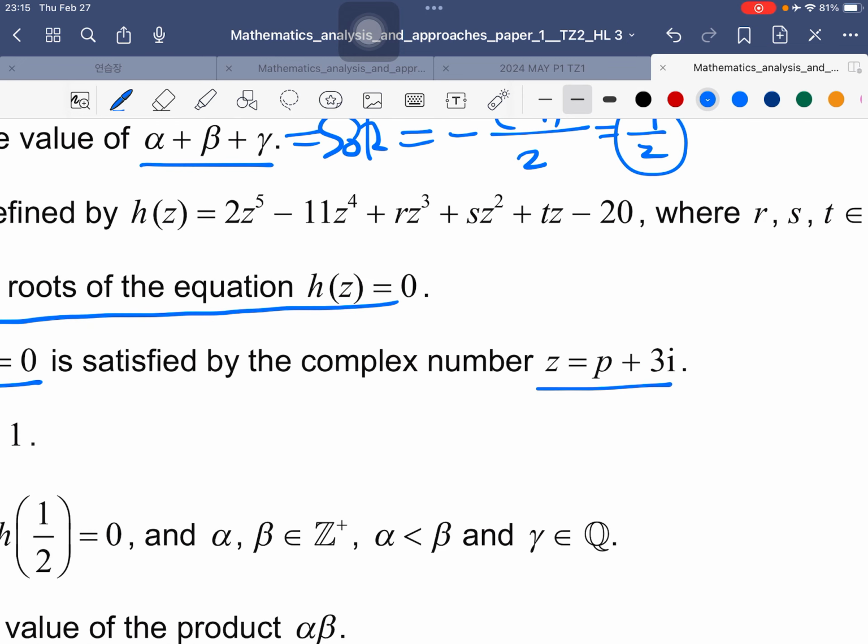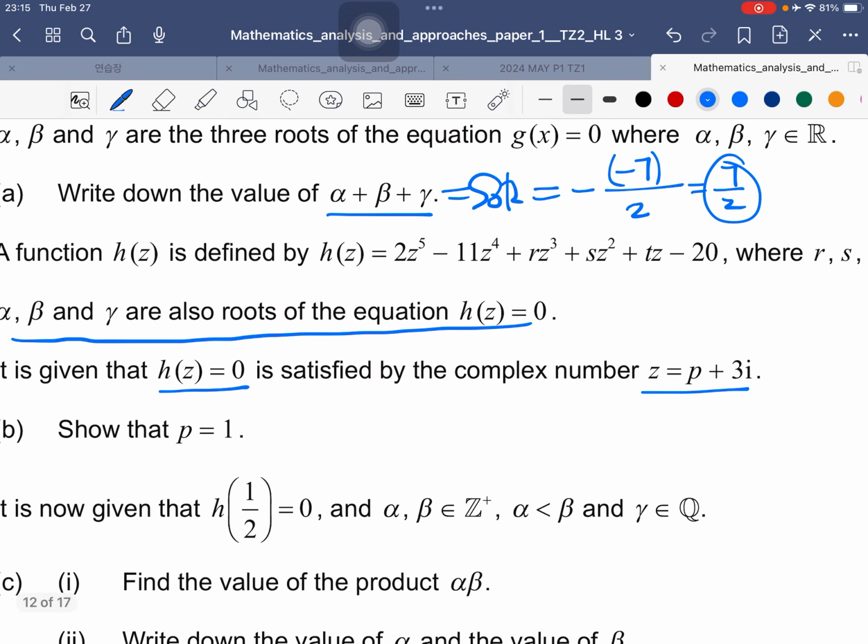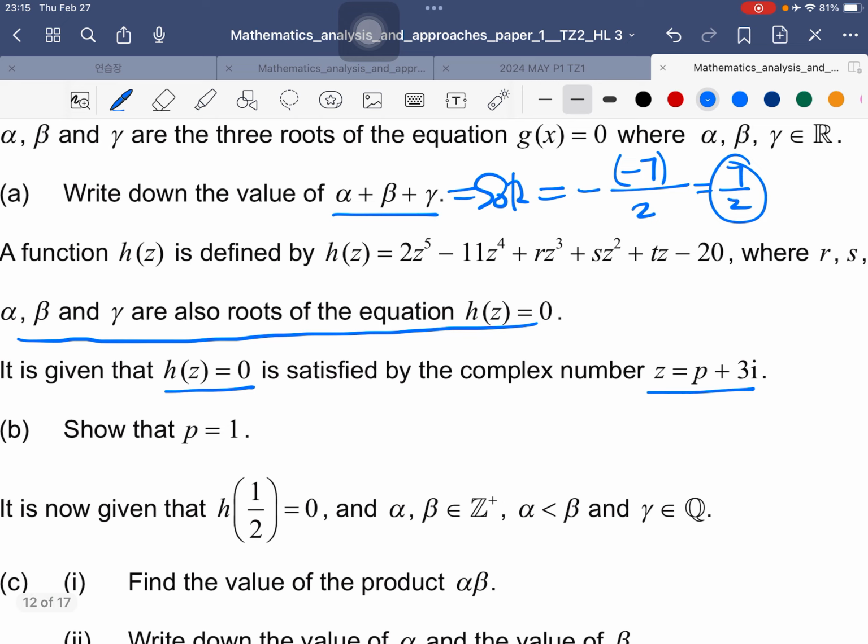Okay. The function h(z) has 5 roots. Alpha, beta, gamma are roots, and one of the roots is this one.